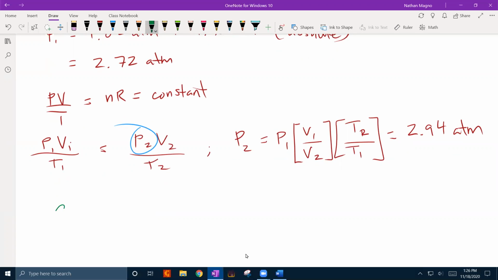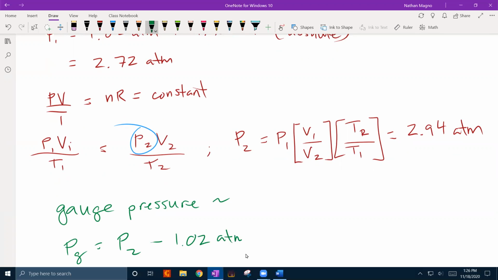So now the gauge pressure, I'll put PG, is going to be P2, which we just found to be 2.94 atmospheres, minus 1.02. That should give you 1.92 atmospheres. And this is your gauge pressure.